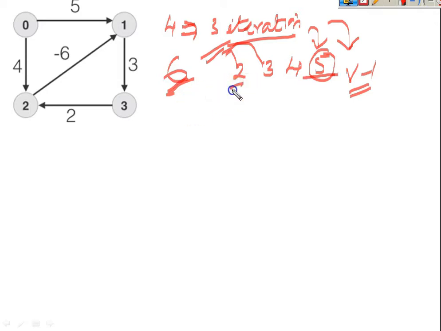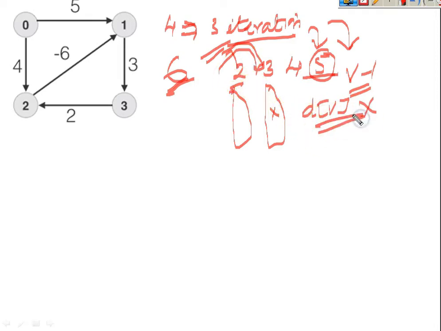When we find the d values at the second iteration, and then do a third iteration and find that none of the d values of the vertices are changing in the next iteration, that means you got the answer. If they are changing, that means there is still a possibility to improve the path, and we will keep on doing it up to V minus 1 times. So let us take this example.